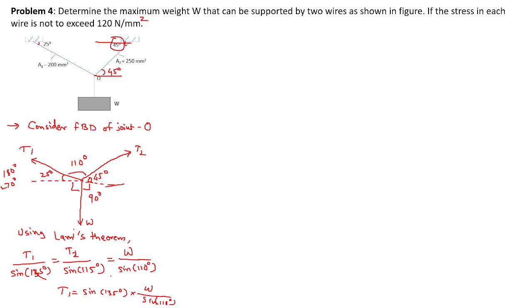So this we can calculate as a natural number by using a calculator. Sine 135 divided by sine 110. You can use a calculator and calculate it. So here T1 is equal to sine 135 divided by sine 110.